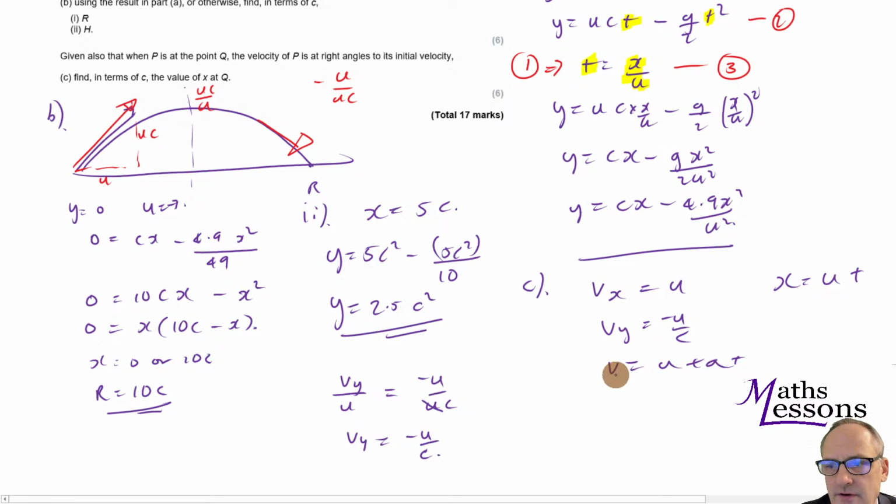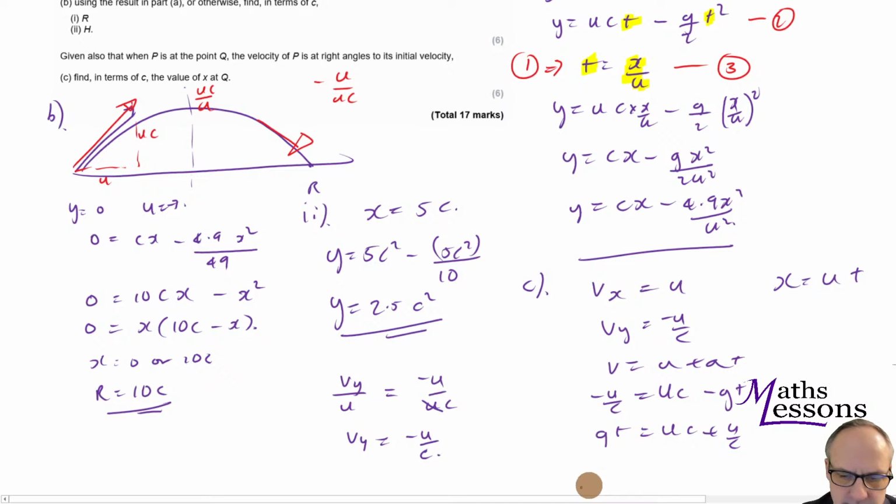Now, if I'm doing my y's, I know that my y velocity at this point is minus u over c, and I know that the initial velocity was equal to uc in the y direction, and I've got minus gt here. So let's rearrange this to get gt equals uc plus u over c.